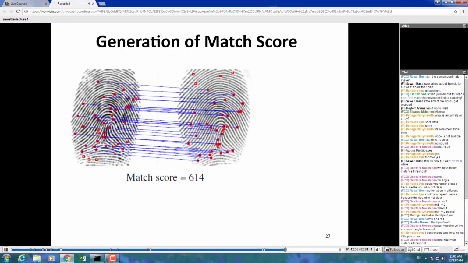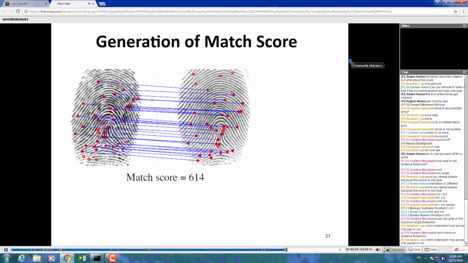Matching algorithms are usually patented and proprietary to the company which makes them. But we know that they are usually a function of the number of corresponding matches. For example, in this case, the value of the match score is 6 over 14. So among all the set of minutia, we have only 3 at the bottom here that don't have a match, and only one at the top as well.